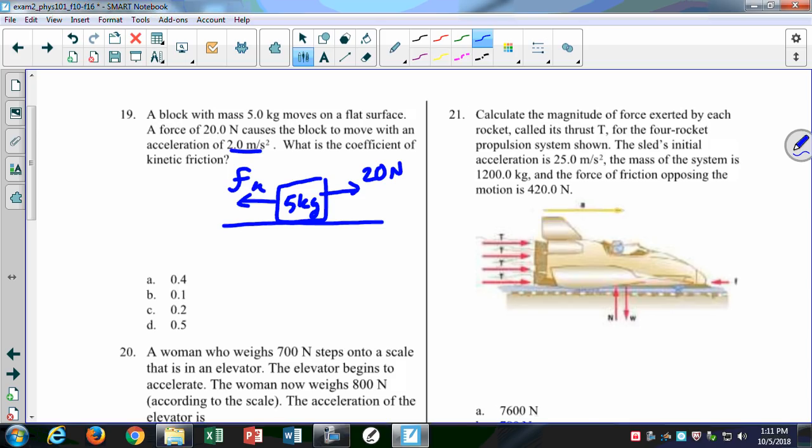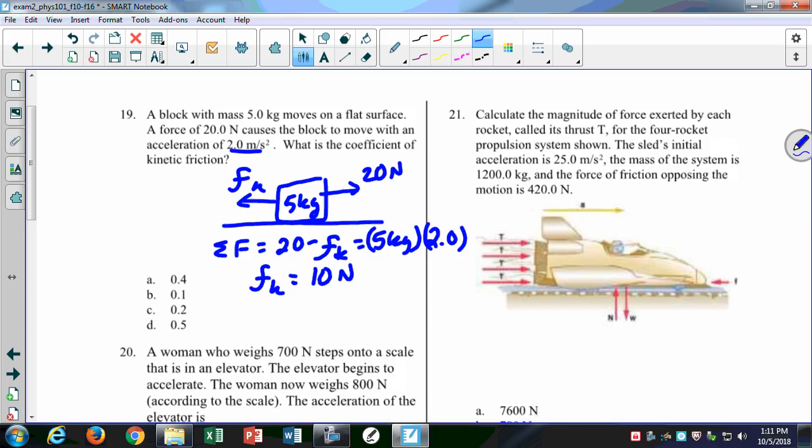To find that frictional force, I say the sum of the forces equals 20 minus Fk is equal to the mass, 5 kilograms, times the acceleration, which is 2 meters per second squared. So Fk is equal to 10 newtons. And that gives me a net force of 10 newtons, which would give me 2 meters per second squared.